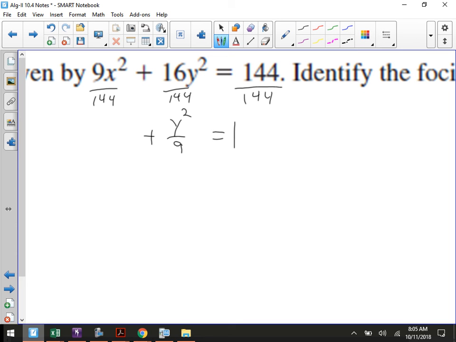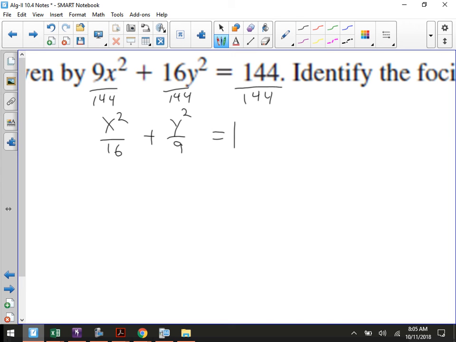If one of them is 1/9, the other one's going to be a 1/16. So you wind up with that first step. This is super common, where you have to divide out by whatever's on the side. Okay? It's very, very common. So now you've got your generic form, x squared over 16 plus y squared over 9 is 1.